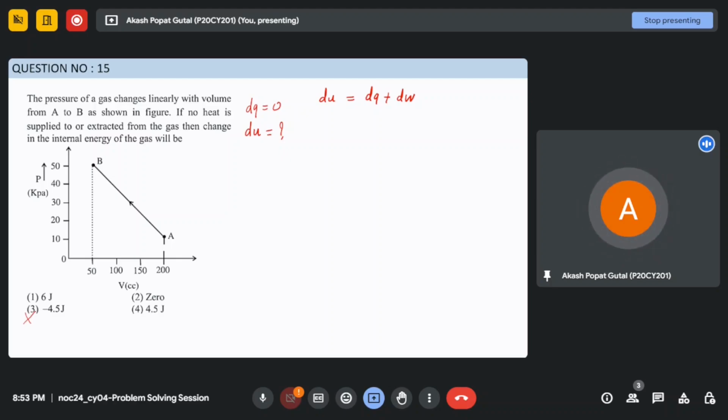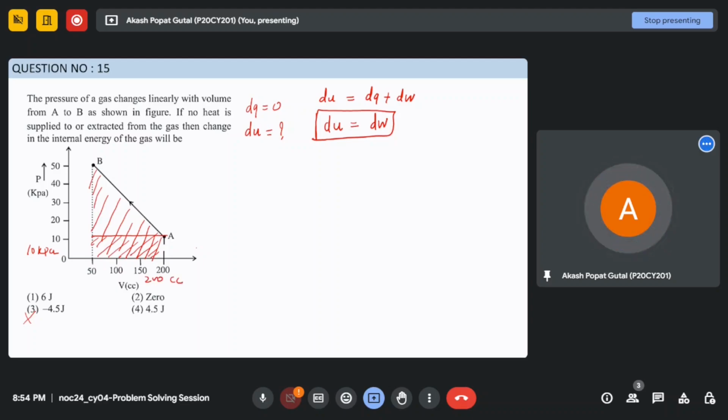How we can calculate this: when we are given the PV graph, the area under the curve is nothing but the work. So we can calculate the area and you get the work. And as dq is 0, dU will be the total work done. Just calculate the area carefully, because this is 10 kilopascal, and we first need to calculate the area of this rectangle, and this is 200 cubic centimeter.